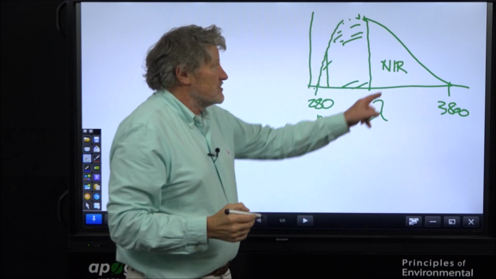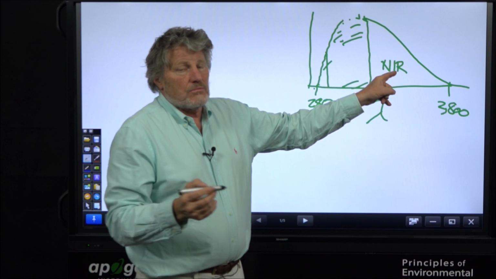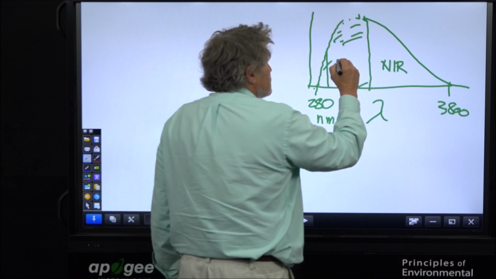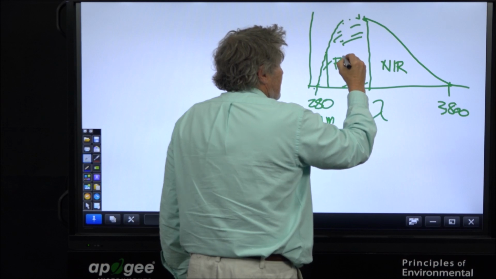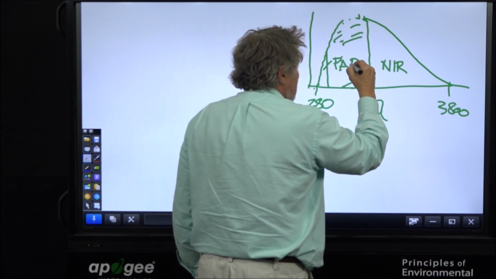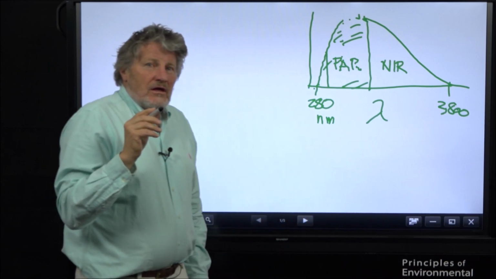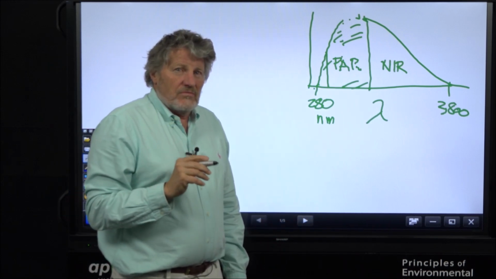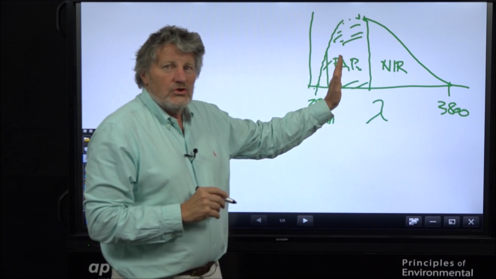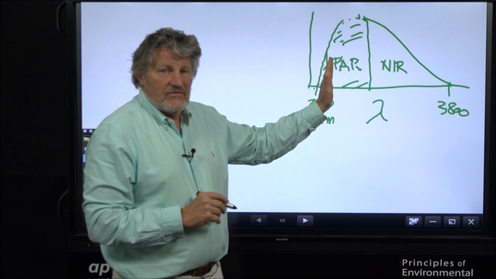And our instruments that included this, it was not a good prediction of plant growth. So this is PAR right here, photosynthetically active radiation. This was the first term that we evolved to say we're only counting PAR as the radiation.